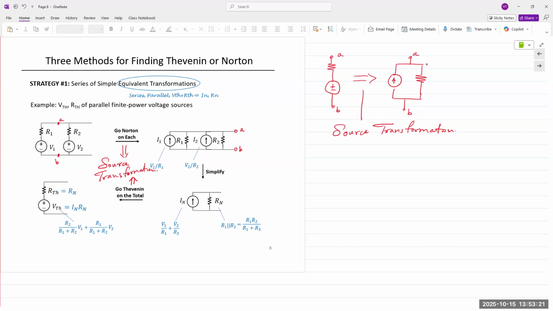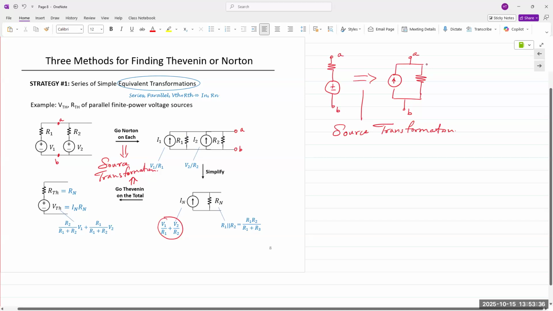A question was asked earlier about the derivation of the equation. It's not on this slide, but I can explain right here. I1 is obtained from Ohm's law, V1 over R1. I2 is obtained from Ohm's law, V2 over R2. If you sum them up, you get IN equal to V1 over R1 plus V2 over R2, right?